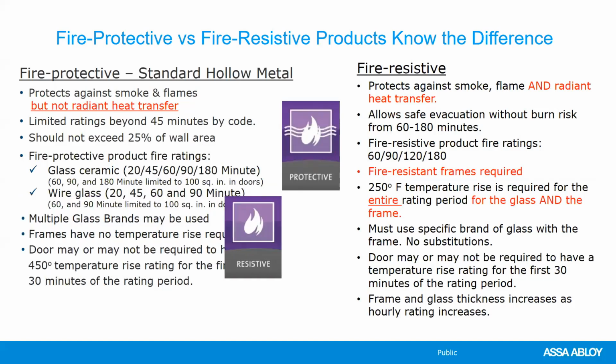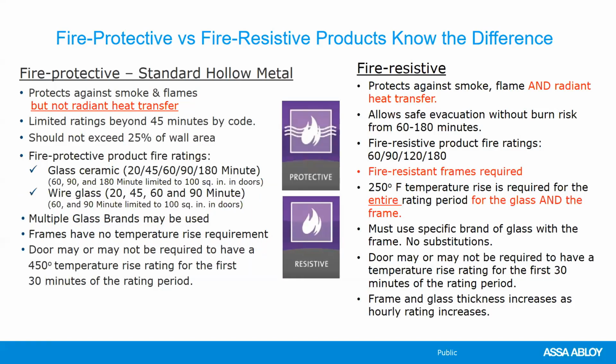So when we look at fire protective and fire resistive products, there are significant differences. Fire protective is what we know more commonly with our standard hollow metal doors. They both protect against smoke and fire.